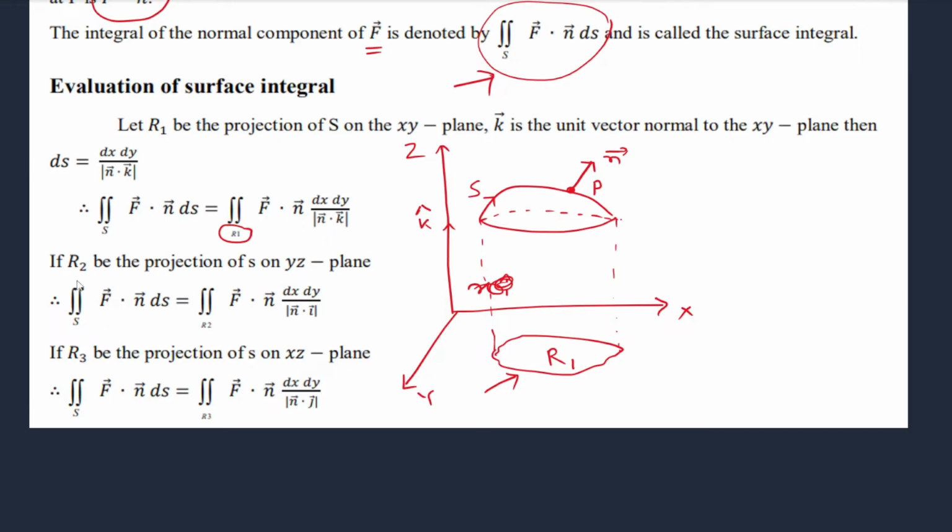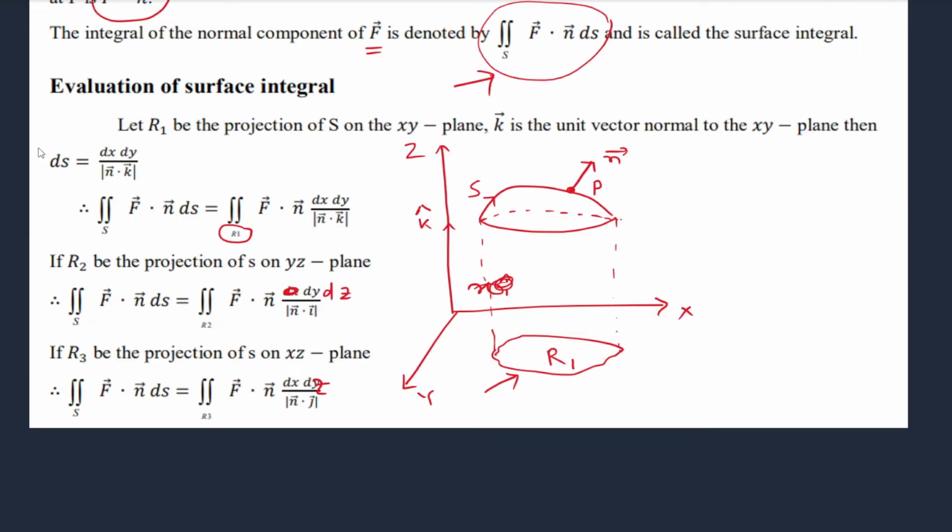But if we take the projection on the yz plane, then this dx dy will be replaced by dy dz, divided by modulus of n bar dot I cap. And if we take the projection on the xz plane, then this will be dx dz divided by modulus of n bar dot J cap.